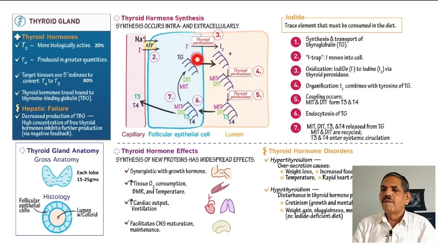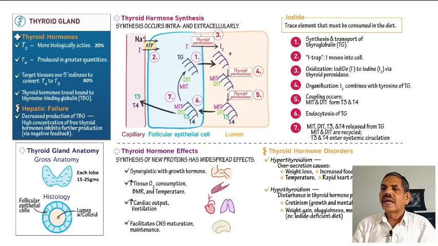In step 1, there will be intrafollicular synthesis of thyroglobulin protein, and second step, there will be a transport of iodide along with the sodium by an energy consuming natrium iodide symport.